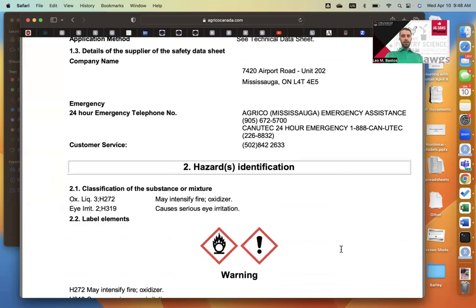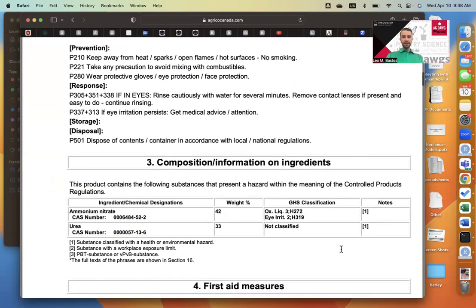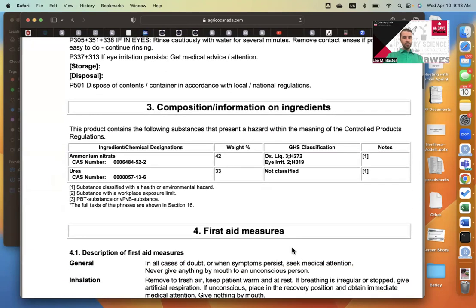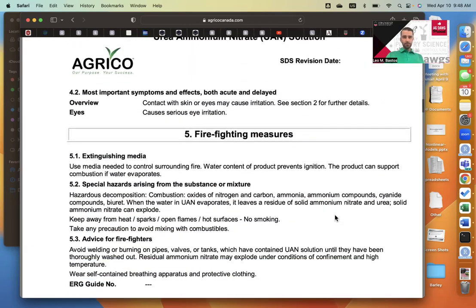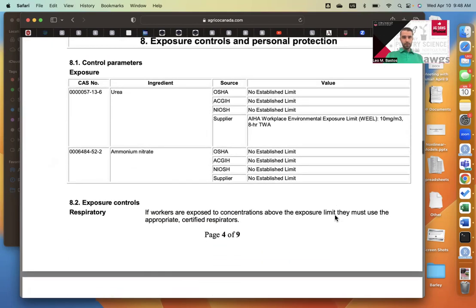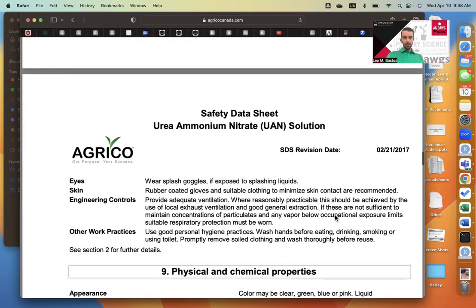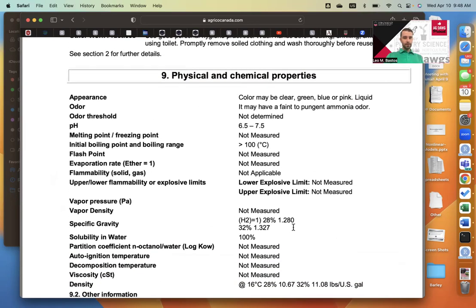But if we come here, let's see, where is that information? They're going to have the density information somewhere. Composition. Let's see, where would that be here? Storage. Okay, physical and chemical properties is probably going to be somewhere here.